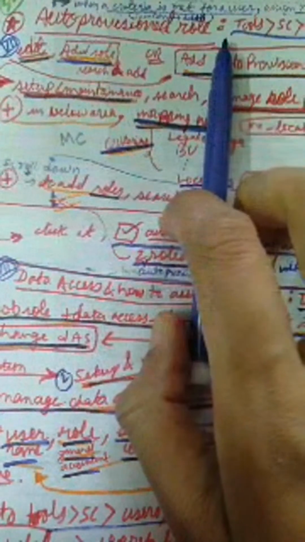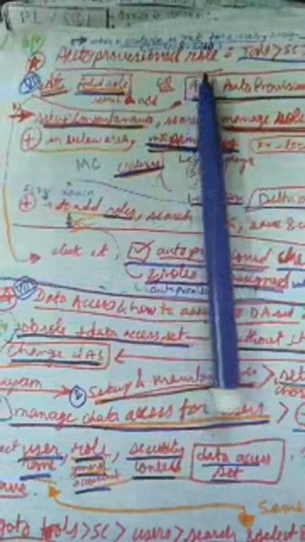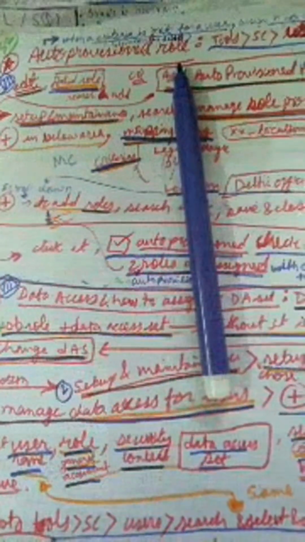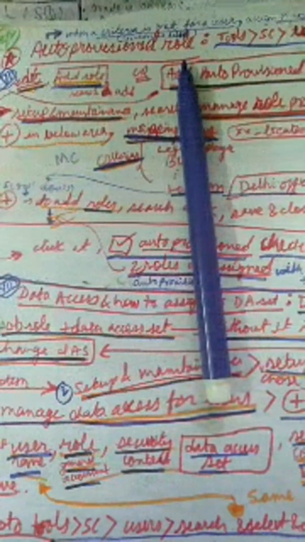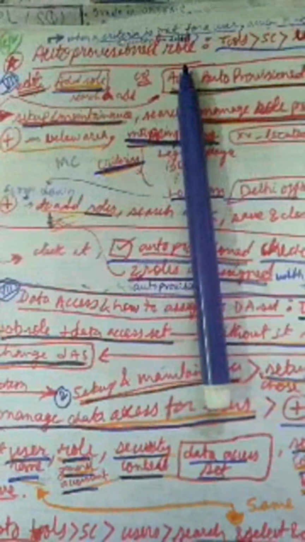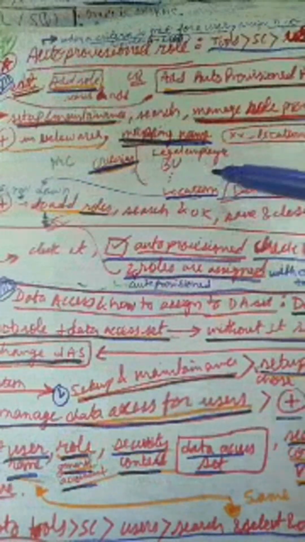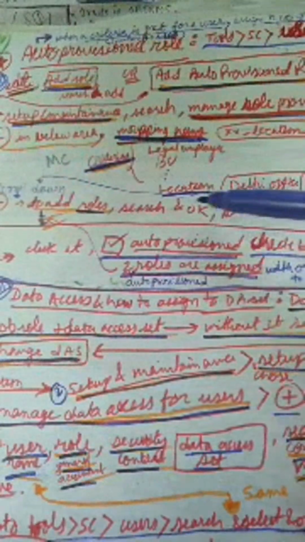The next one is to do an auto provision rule. An auto provisioning rule is like, let's say my user belongs to the location Delhi. The criteria could be multiple, like legal employer, business unit, or location.